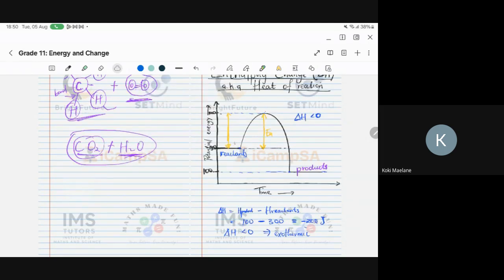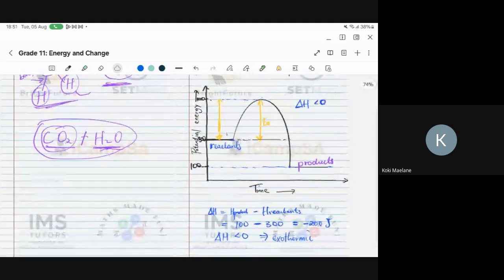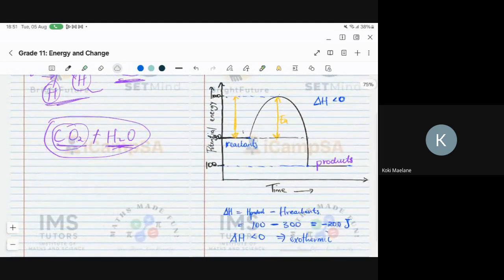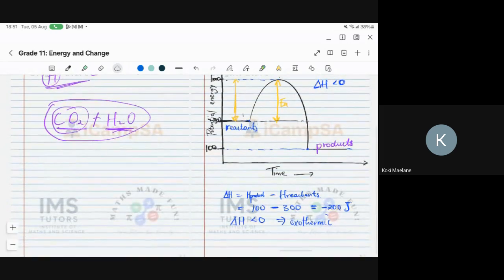You are measuring the energy it takes, or the minimum amount of energy needed, for the reaction to start. The minimum amount of energy you need to climb over that hill. So that's your activation energy going forward. What do I mean by going forward? I just mean that from reactants to products, that's a forward reaction.